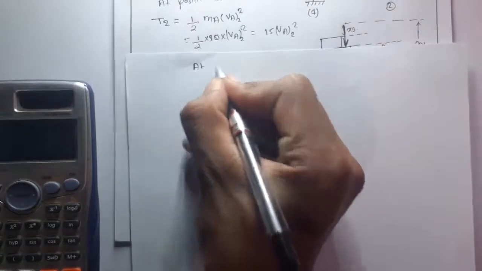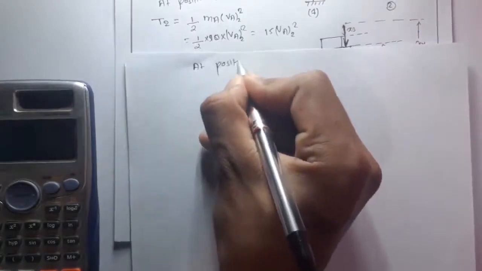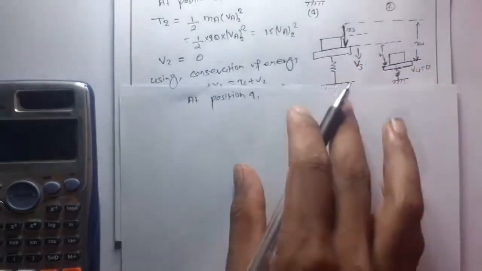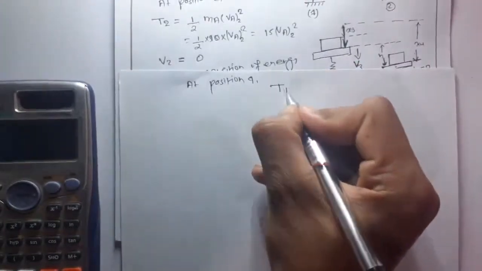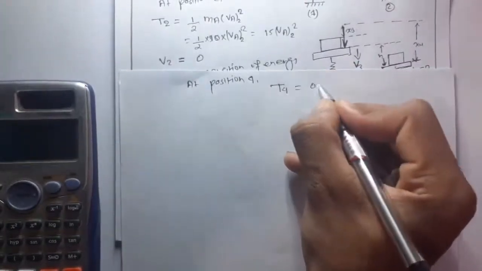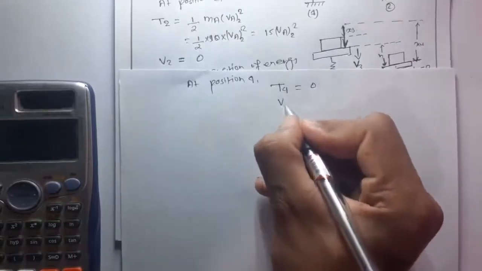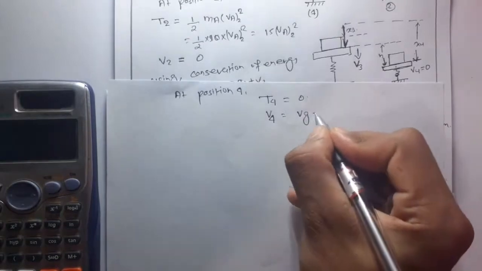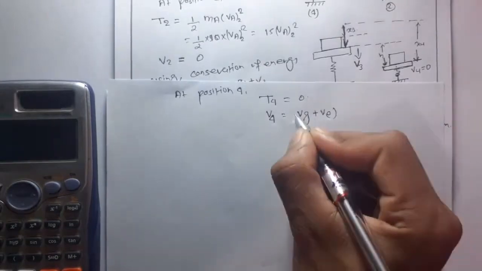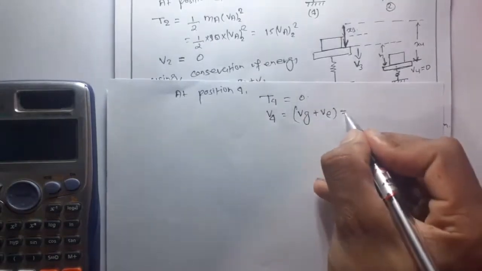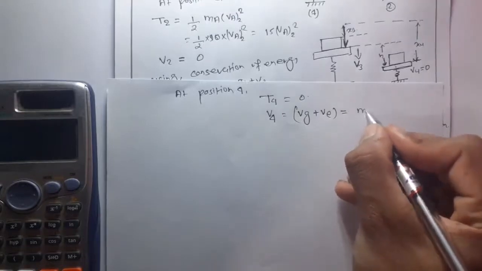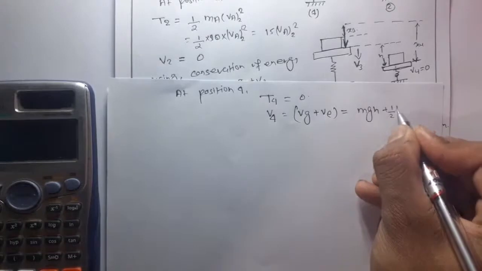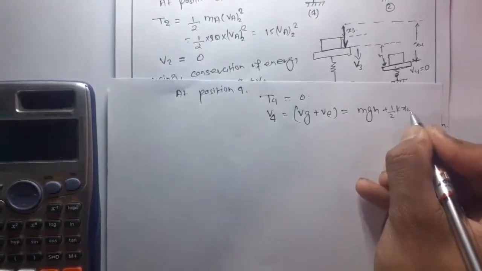Now at position 4 we know v4 is 0, so kinetic energy T4 is 0 and potential energy V4 is the potential energy due to height and potential energy due to elongation. So this is minus mgh plus 1 by 2 kx4 square.